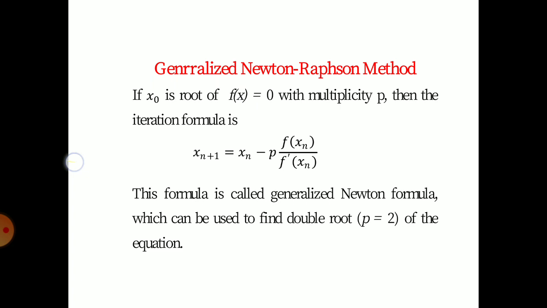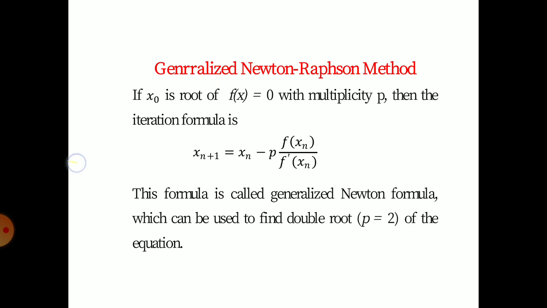Then the iteration formula, already we have seen in the Newton-Raphson method, is written as xn plus 1 is equal to xn minus p into f of xn divided by f dash of xn. Here you can observe that we have only attached p to f of xn divided by f dash of xn.